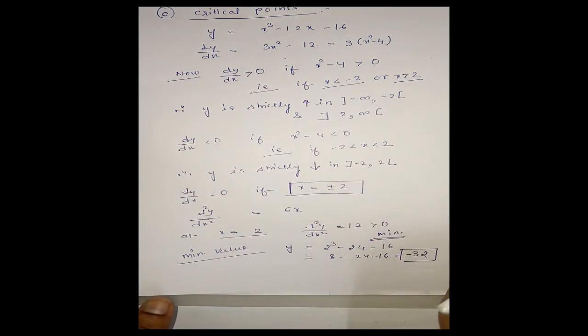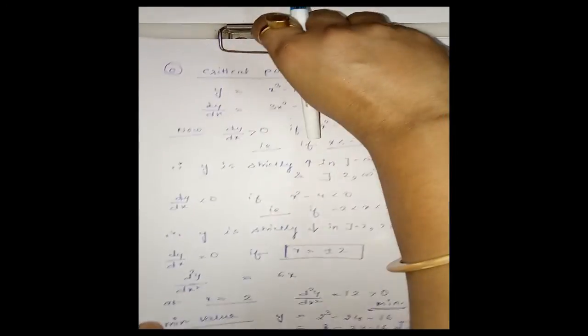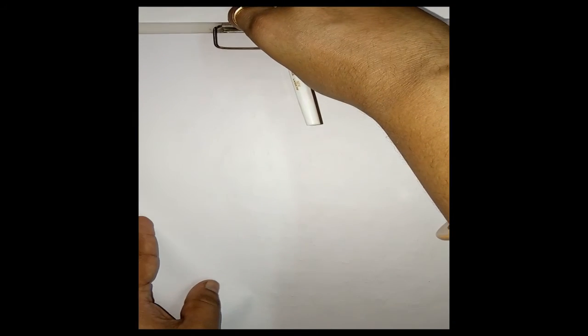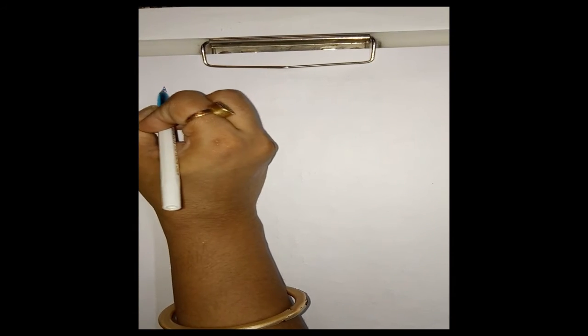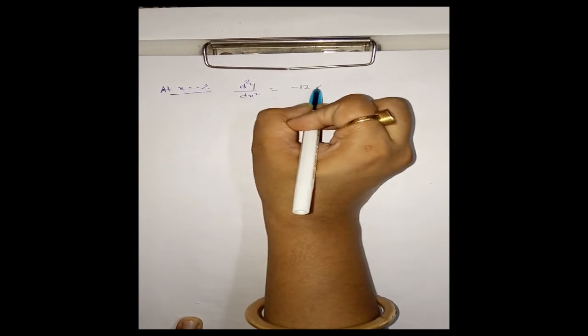Also, when x is equal to minus 2, now at x is equal to minus 2, d2y by dx square is equal to minus 12, which is less than 0.